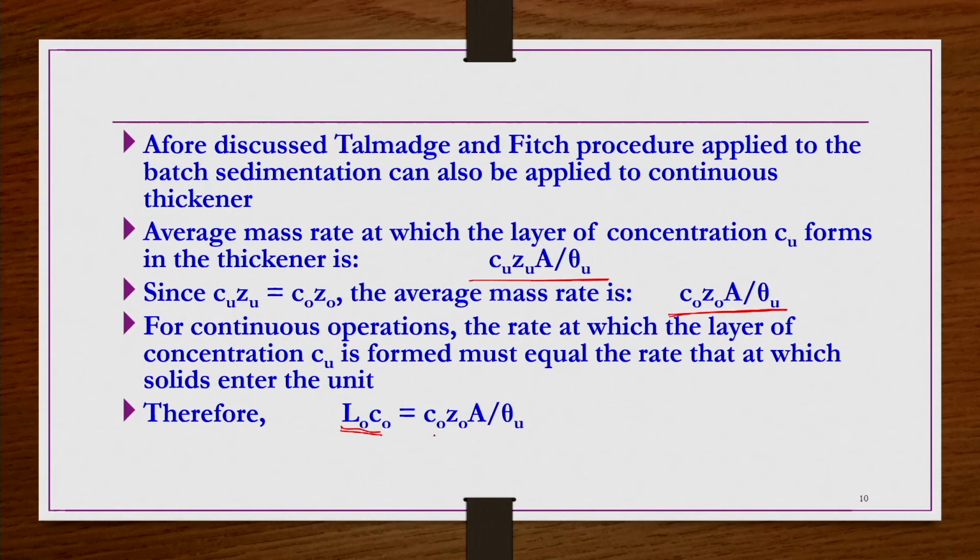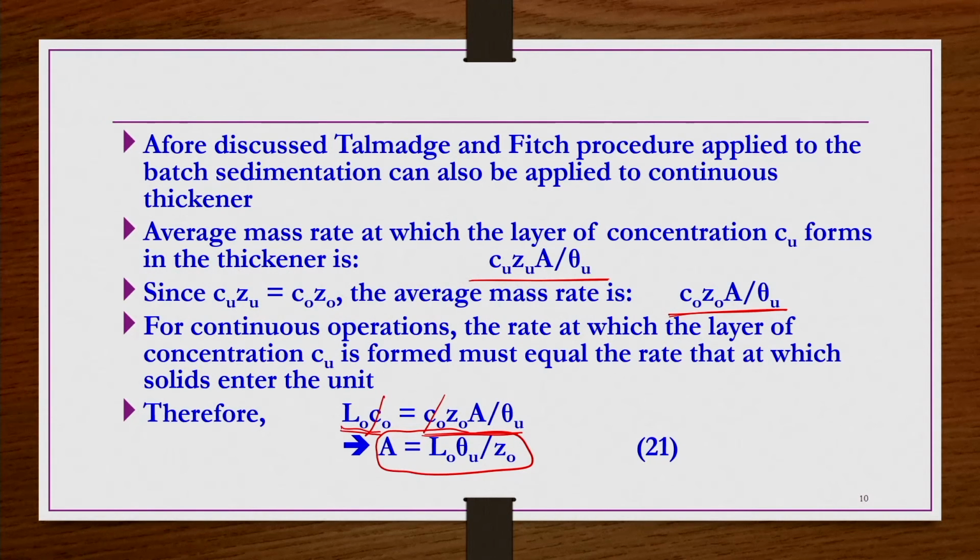So L naught C naught should be equal to C naught Z naught A by theta u. This C naught cancels out, and from here you can write an expression for A as L naught theta u by Z naught, which is nothing but the area required for that continuous thickener.